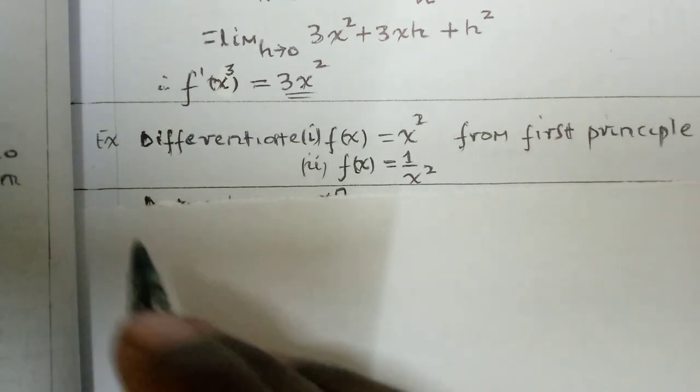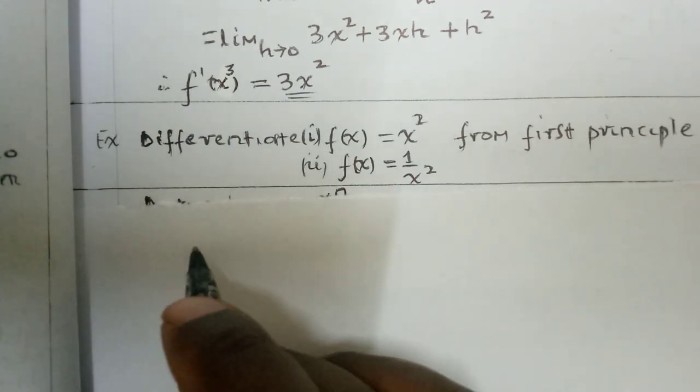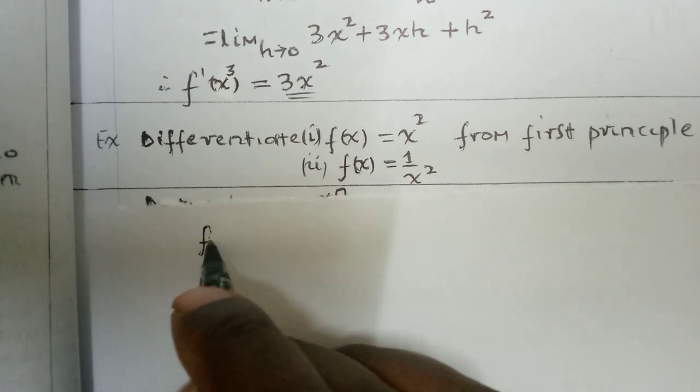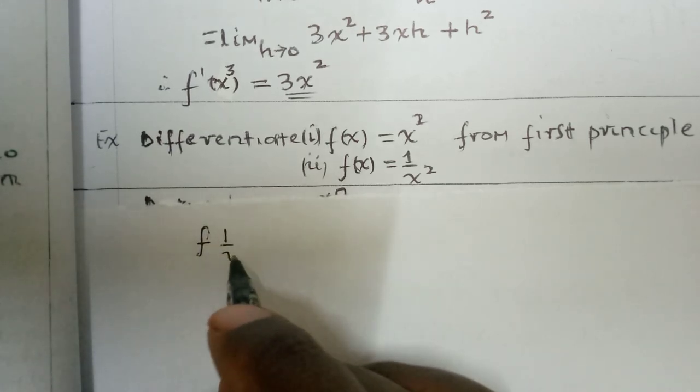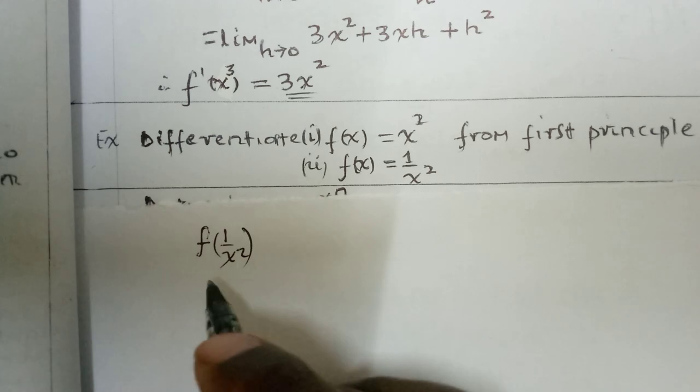We come and write f(x) is 1 over x squared, like that.